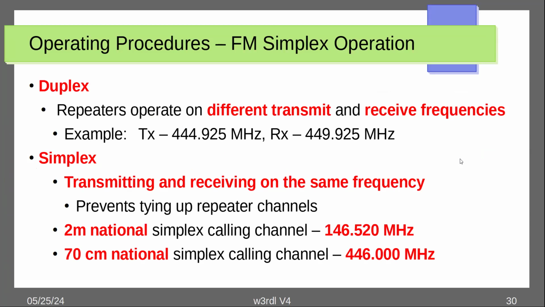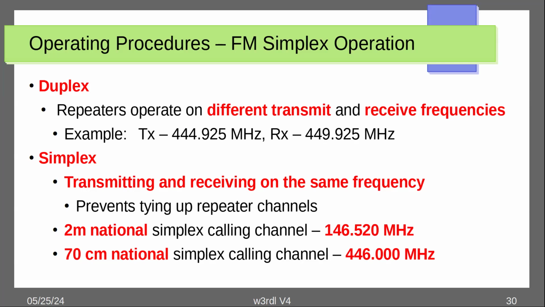We talked about duplex, where you're talking to a repeater using a different transmit and receive frequency. When you're doing simplex, you're both talking and receiving on the same frequency. So you definitely have to make sure that you unkey the mic or you won't hear the other person.